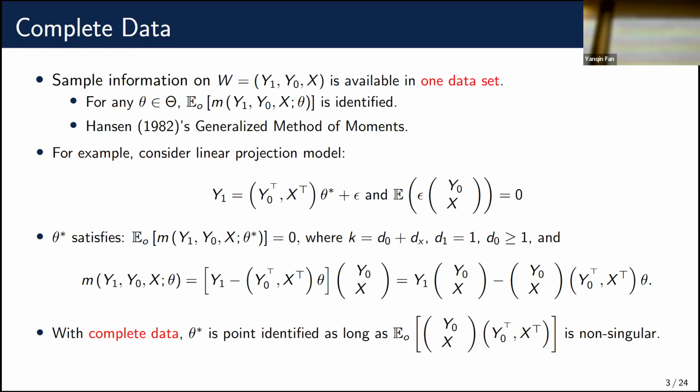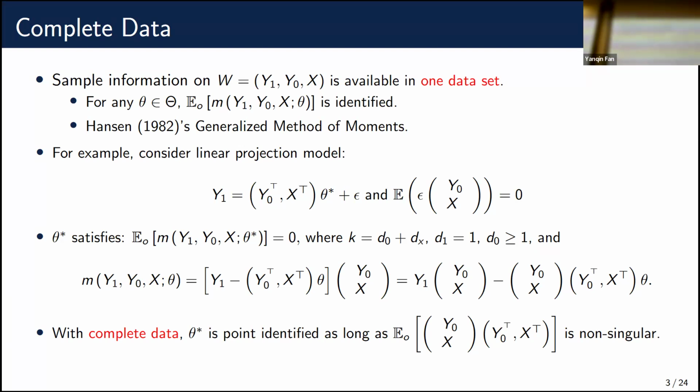So we have one data set, and Y1, Y0, X are observed in the same data set. In this case, of course, the expectation of the moment function is identified for any theta, so it can be estimated by the sample mean.